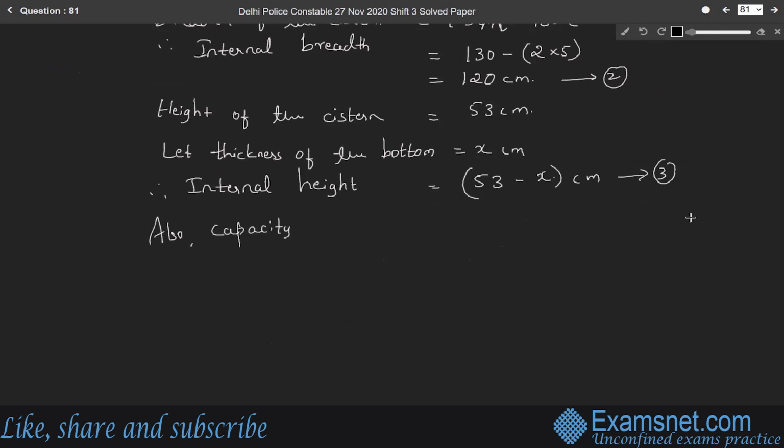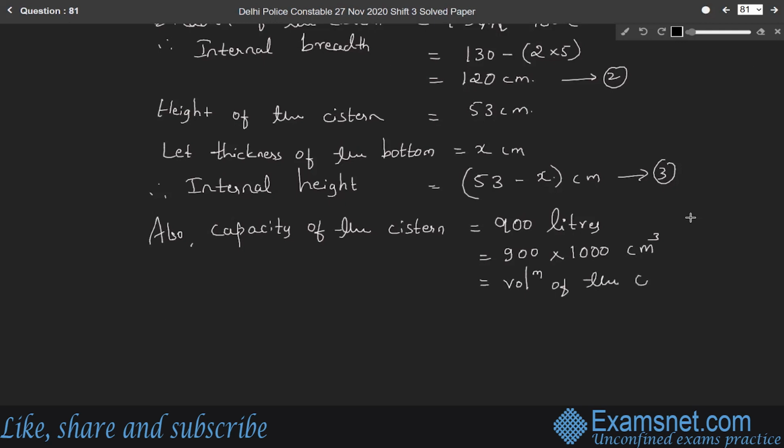Capacity of the cistern is 900 liters, which, expressed in centimeter, is 900 into 1000 centimeter cube. This is nothing but the volume of the cistern.